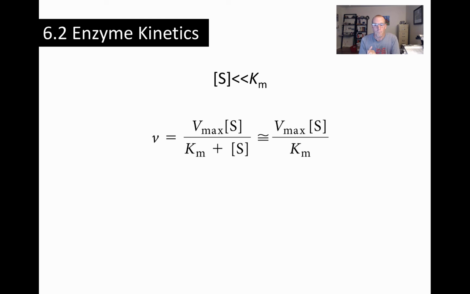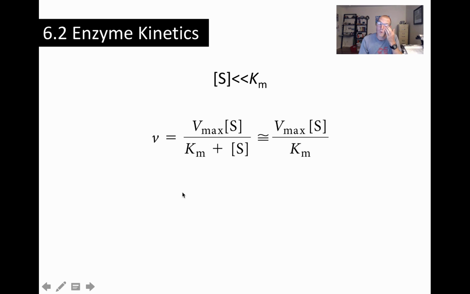So let's look at the situation where the substrate concentration is much, much less than the substrate concentration at half Vmax. Remember Km, that's the substrate concentration at which you're at half Vmax. So Vmax, and if we take half of that value, the substrate concentration which gives us half Vmax is the Km. Then because the substrate concentration is so low relative to the Km, it doesn't really have any impact.